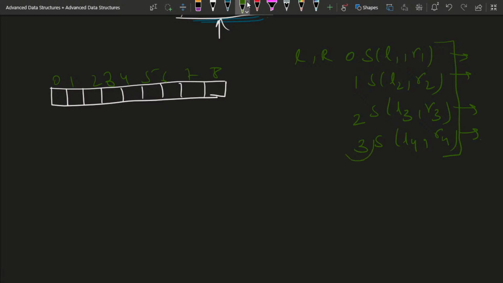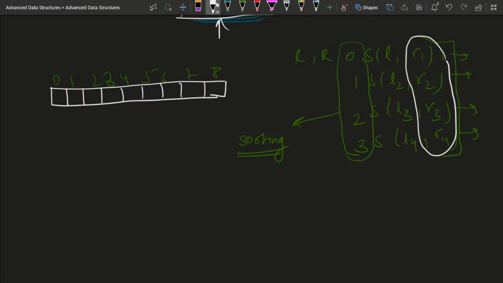Now suppose we are sorting the queries in such a way that their right end is sorted. What would happen? Let us notice.